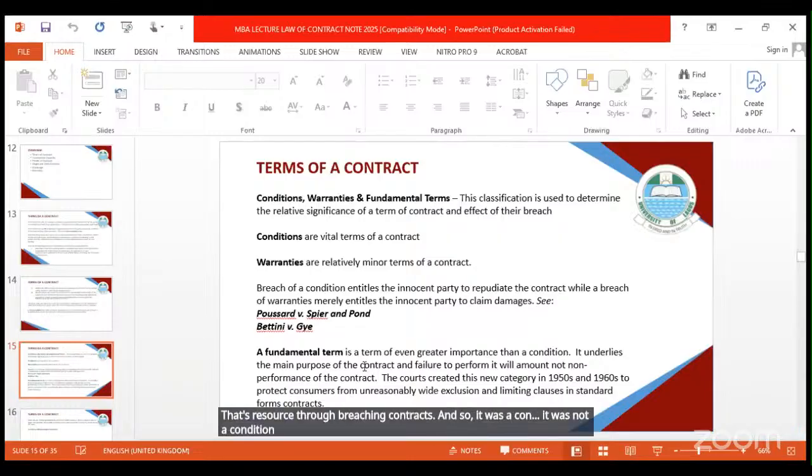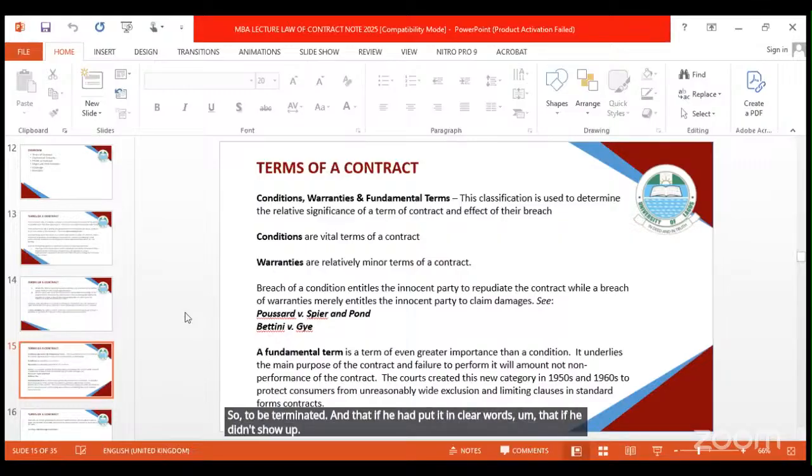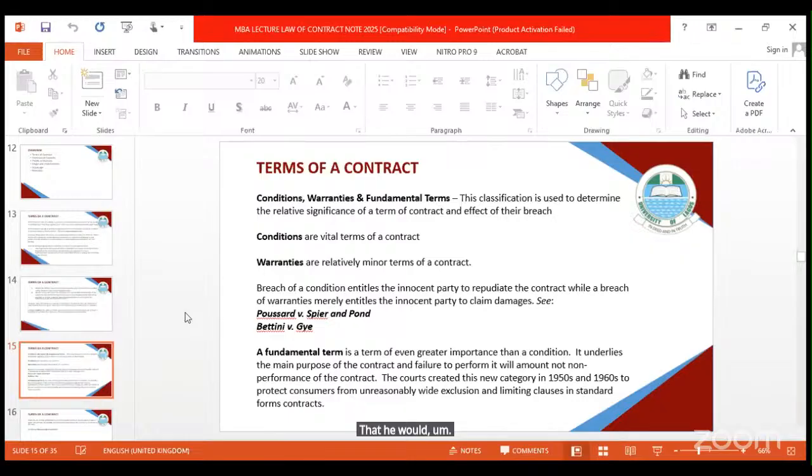Probably it was a warranty. I don't know, but based on that, it was not enough for the contract to be terminated. If it had been put in clear words that if he didn't show up he would be terminated, but it wasn't stated in his contract.